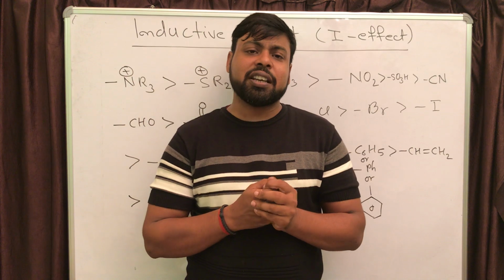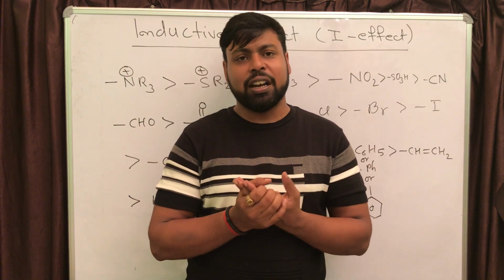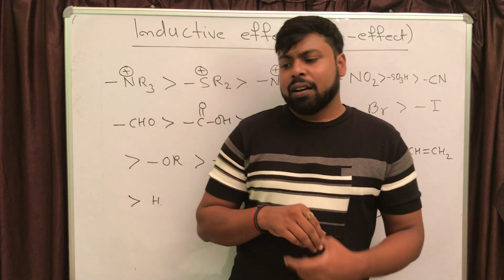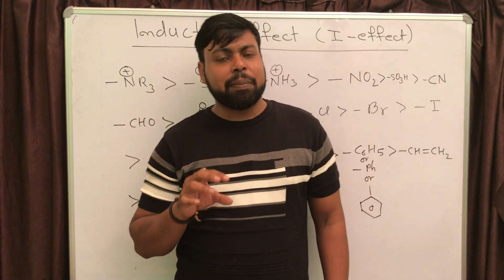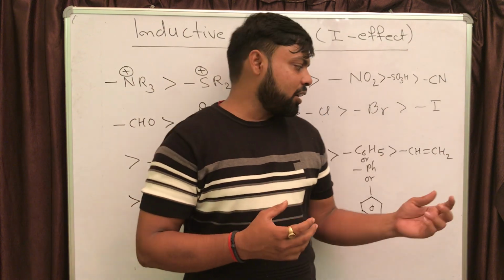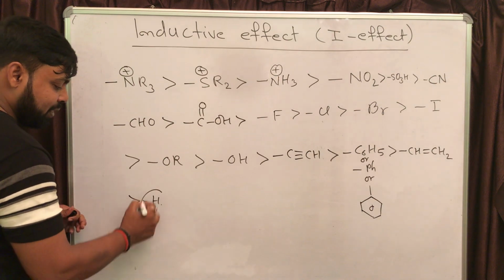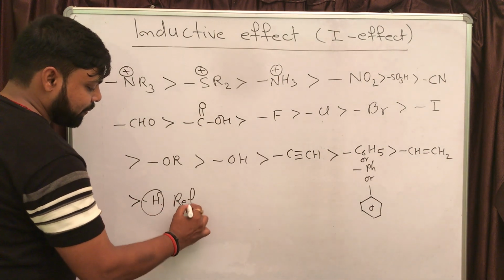So the conclusion is this series is not purely based on electronegativity. Actually this is experimentally determined, and how is the experiment done? The reference one is hydrogen. This is our reference.